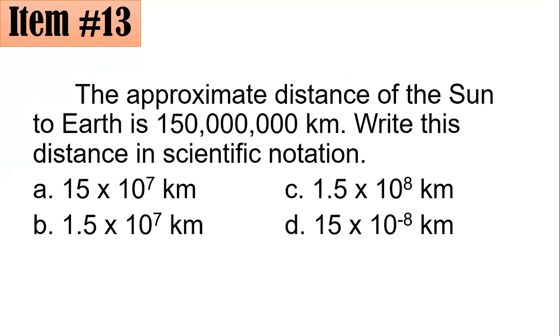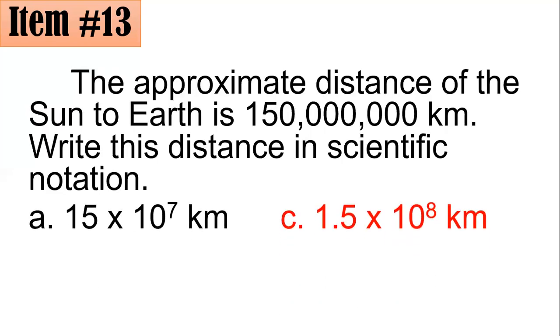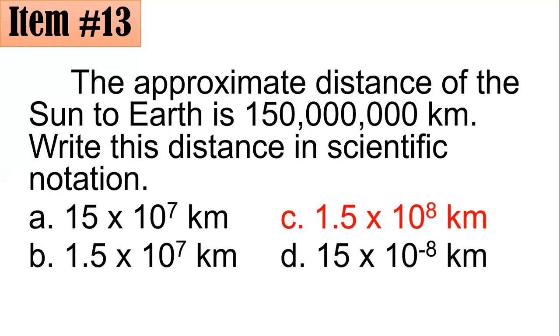So you could actually see that the correct answer here should be C. Because if you express a number in scientific notation, then the first number should be from 1 but should not reach 10. So it's only B and C that satisfy.